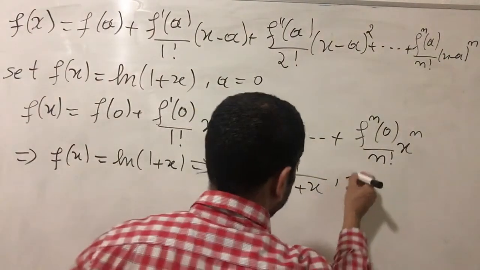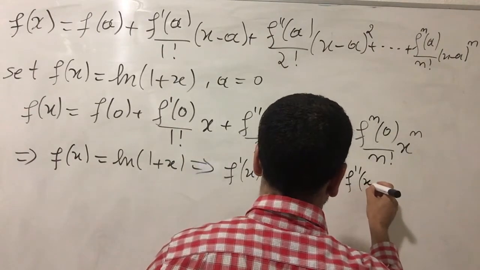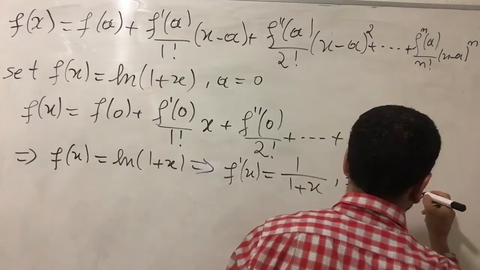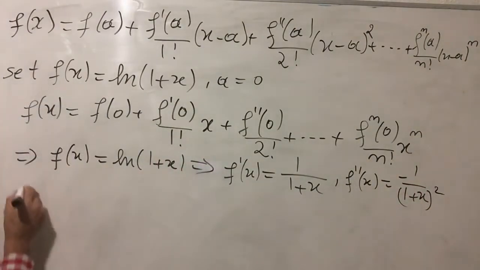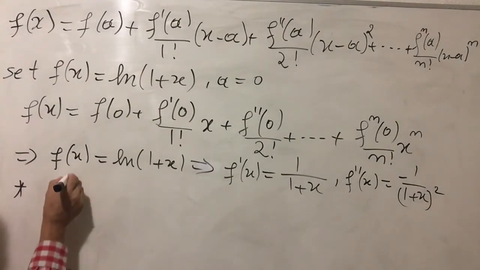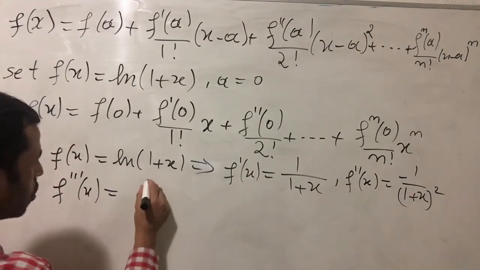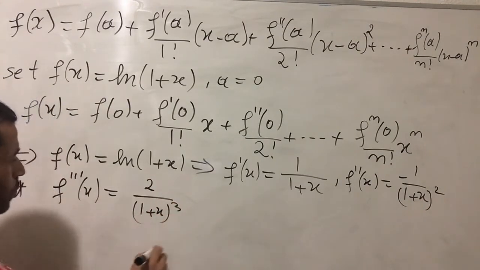So the second derivative function is minus 1 over 1 plus x quantity squared. Okay, so the third derivative function is 2 over 1 plus x to the 3.